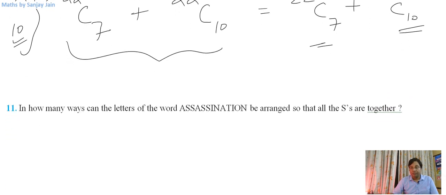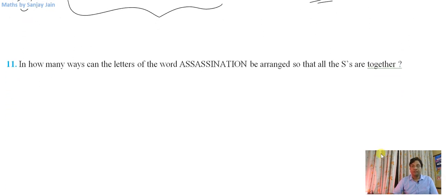In how many ways can the letters of the word assassination be arranged so that all S are together? So how many are these? 1, 2, 3, 4. So I'll tie them together and treat them as one unit. What else?